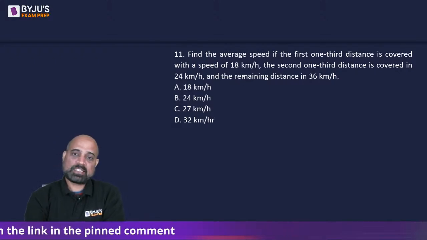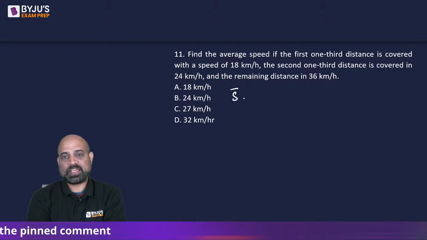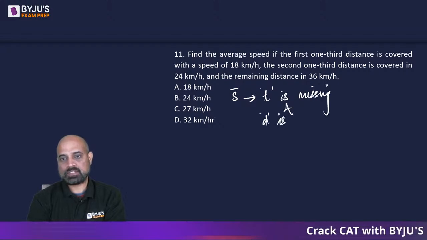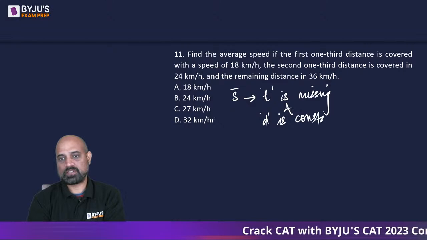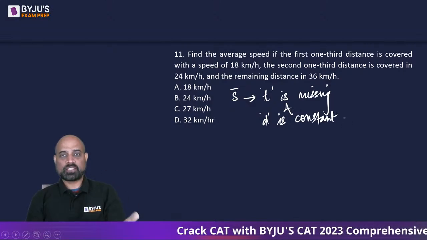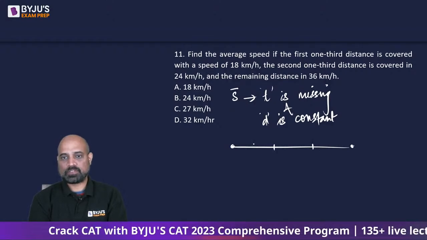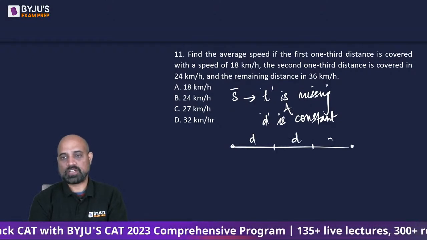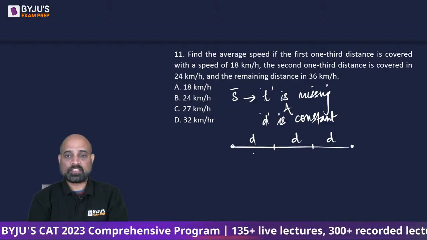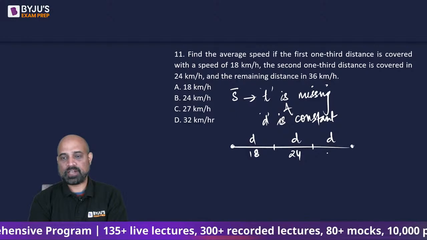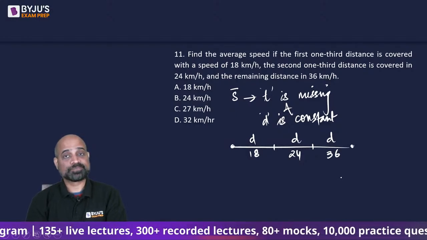So this is a question about average speed where time is missing and distance is constant. Constant matlab there are 3 parts, right, to this distance cover. This is also d distance, this is also d, this is also d. The first distance is covered at 18, the second distance is covered at 24 and the third one at the rate of 36.